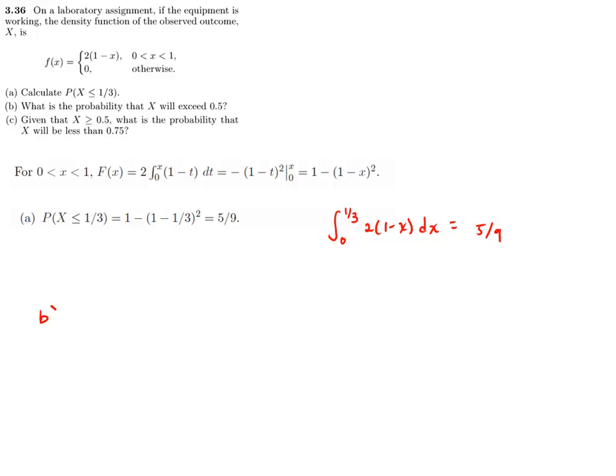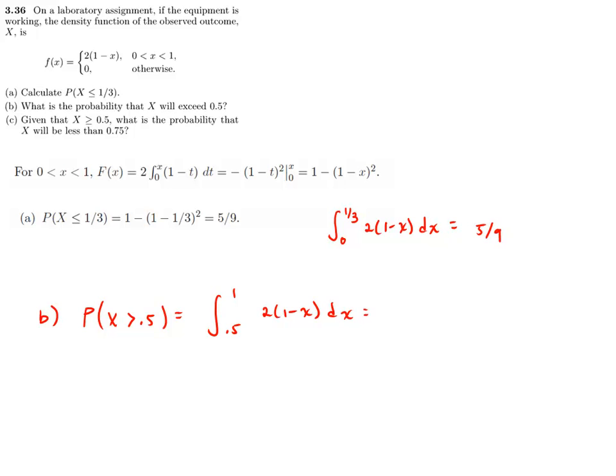Then part B, what is the probability that x will exceed 0.5? So how do you define that one? Probability of x being greater than 0.5. So that is the integration from 0.5 to 1 of 1 minus x dx.